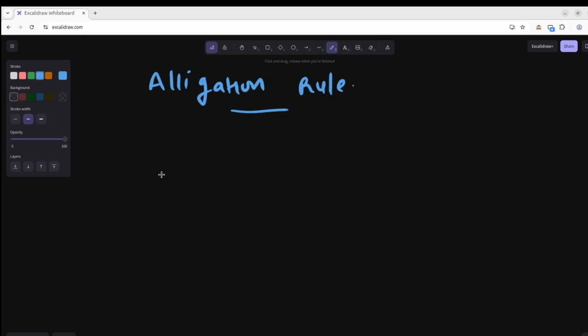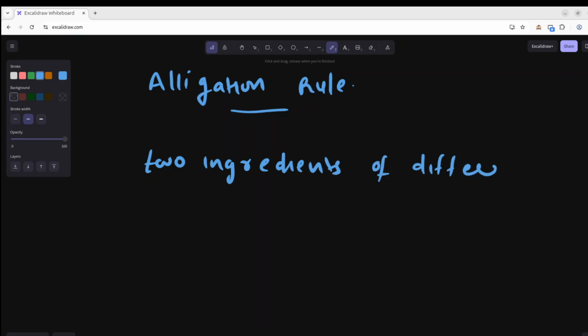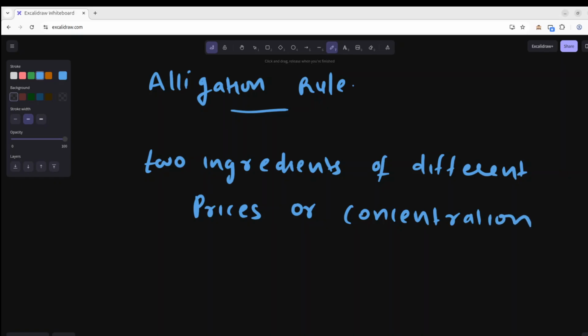This rule is used when two ingredients of different prices or concentration are mixed.